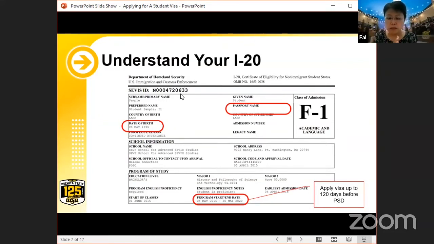Because if you apply to more than one school, let's say you apply to 2 different schools, you will receive 2 different I-20s and you will get 2 different CVIS IDs. So you will have to choose which school you really want to go to and then use that school's I-20 to apply for your visa, and use that corresponding CVIS ID to start your visa application.